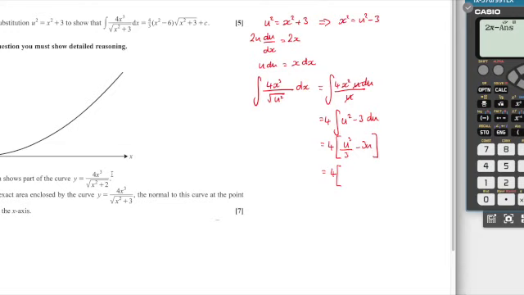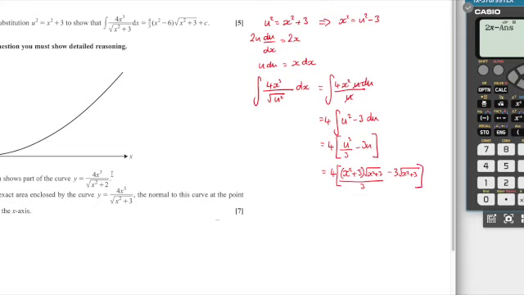I'm going to need a u in a minute though. So that u squared is going to be x squared plus 3, multiplied by root of x squared plus 3, minus 3 root x squared plus 3, and that's over 3.